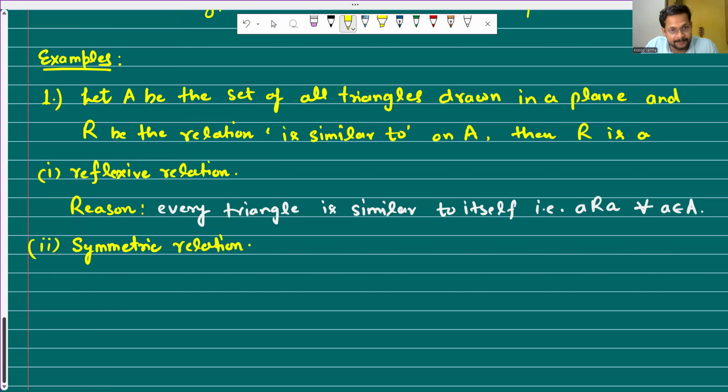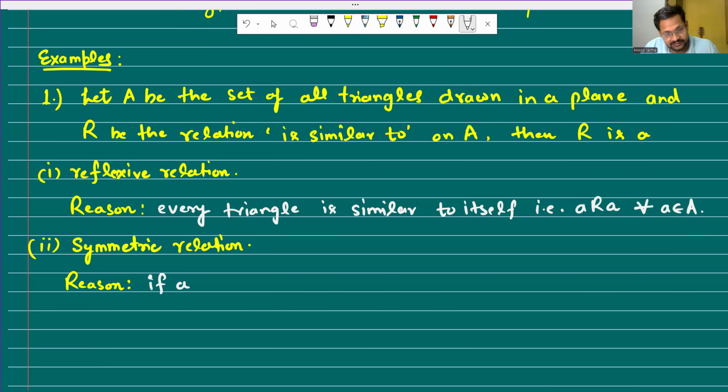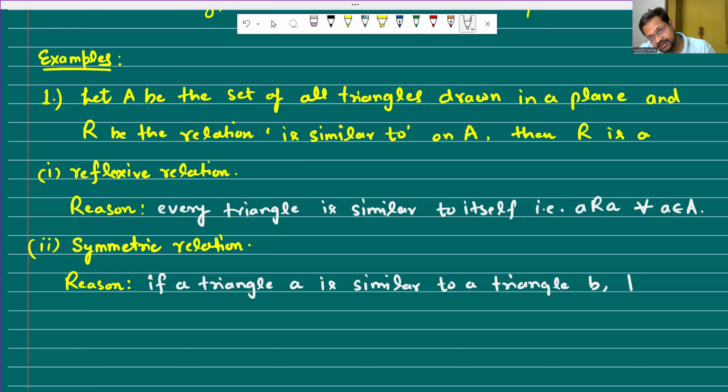Let's define the reason. So if a triangle A is similar to a triangle B, then you can easily see that B is also similar to A.